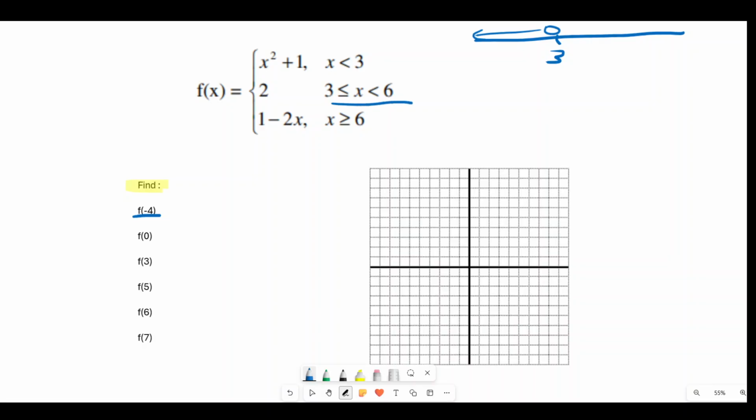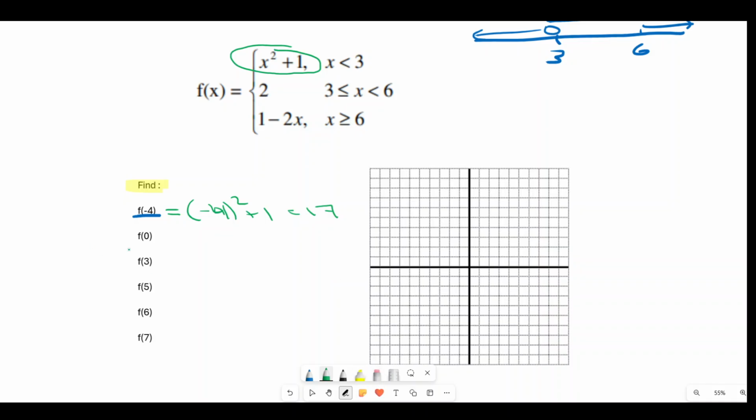Then we have a rule that applies between 3 and 6, and then a rule that applies above 6. Sometimes it is nice to see that number line drawn out. We know that -4 applies to this piece of the function. So f of -4 would be -4 squared plus 1, which is 17.